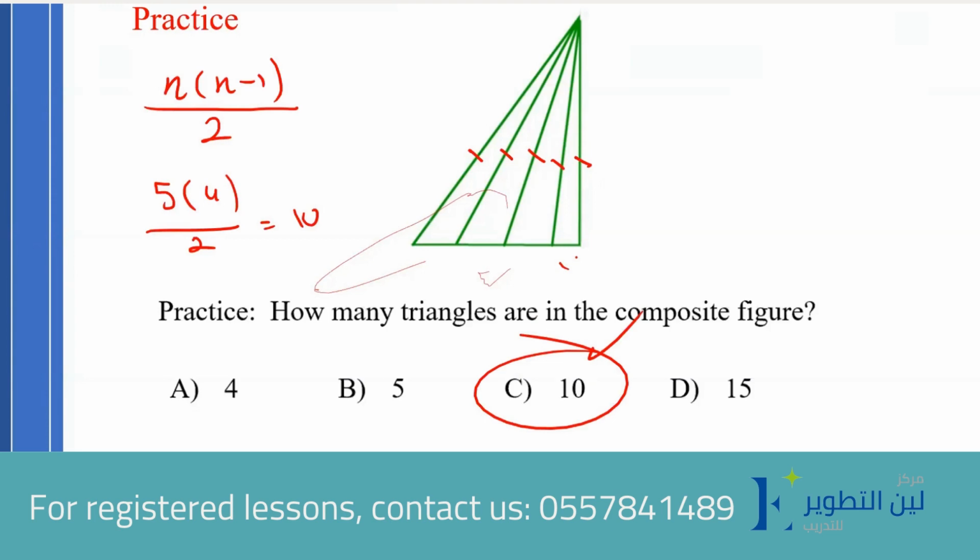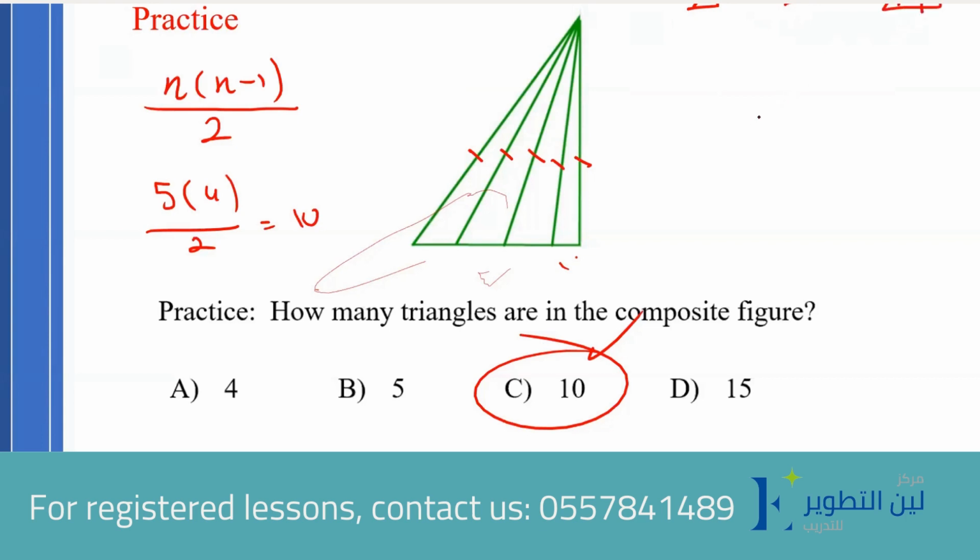Okay. This will take time, but let me just do it fast. Abdullah, how many triangles do you see here? If you can open your mic, it would be faster. How many? 1. How many? 3.